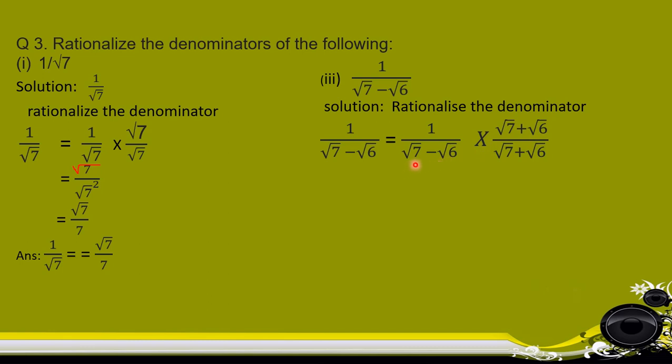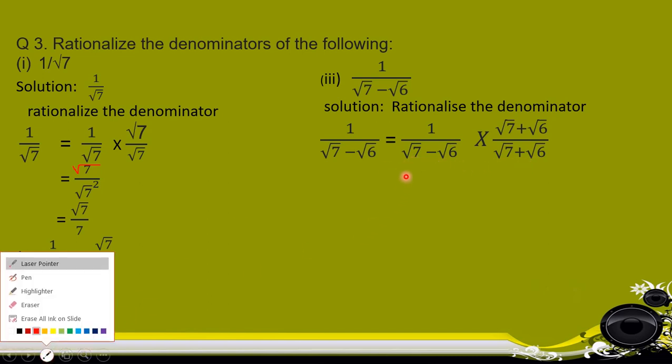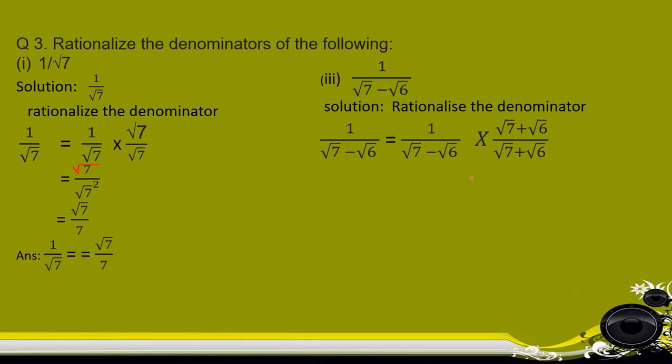Now in the denominator, these two terms are multiplying: root 7 minus root 6 multiplied by root 7 plus root 6. This is nothing but the identity a minus b into a plus b, where we have a minus b and a plus b, the same quantity with positive sign.